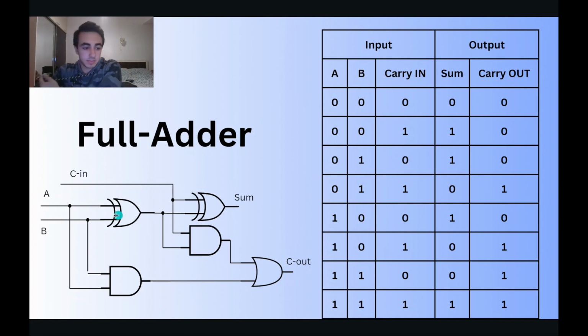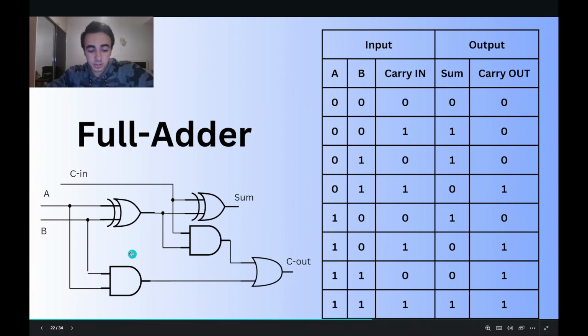Oh, sorry, I messed it up. So the sum of A and B is 1, the carry in is 1. The XOR outputs 0. The last digit of the sum of carry in and the sum of A and B, which is 0, as here. And we also have the carry in is 1, XOR outputs 1. So the carry of this operation is 1. Recall that here we got a 0 and here is 1. So the OR gate outputs 1. The carry for this whole operation, the carry out, is 1.